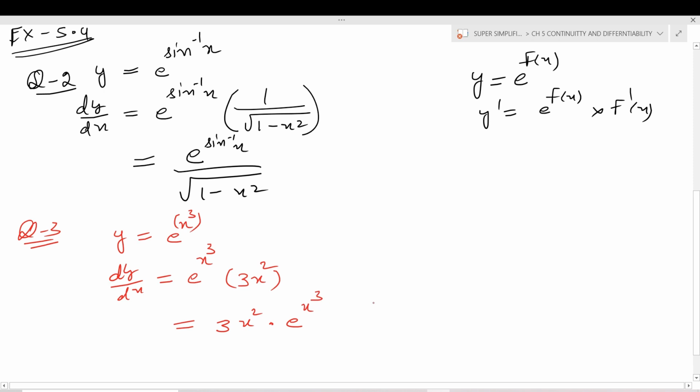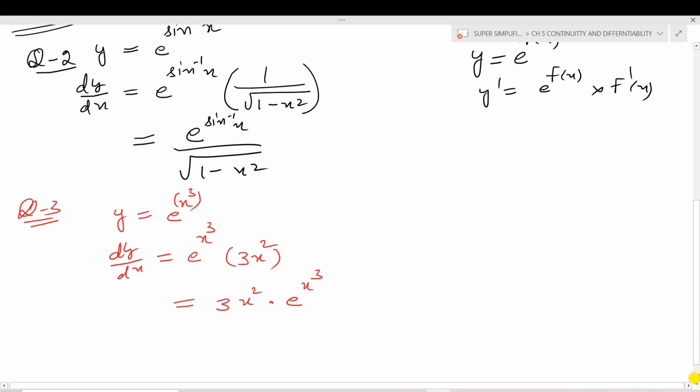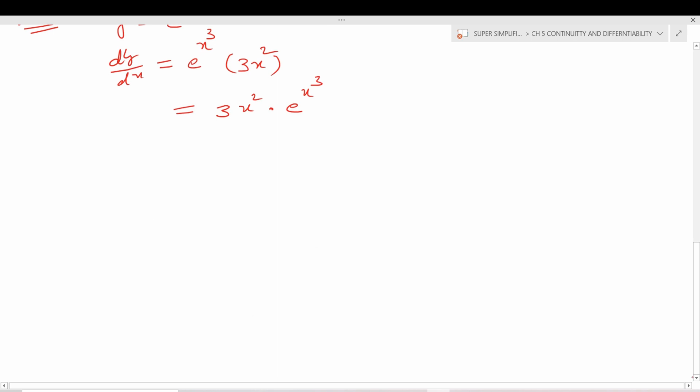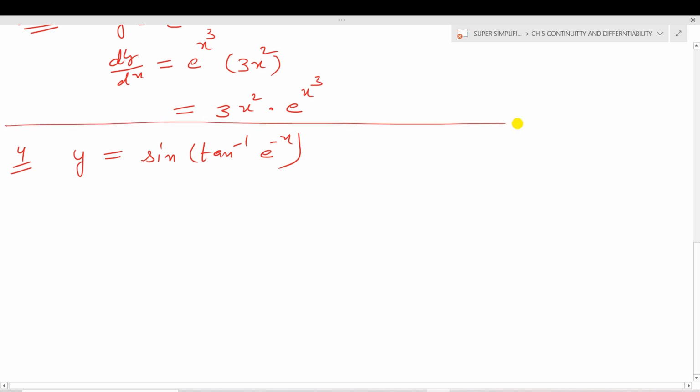Now we move to the next question, question number 4. It says the function y is sine of tan inverse of e raised to the power minus x. How are you going to proceed for this question? Again you can see it is a composition of, not only three, we can say four functions.